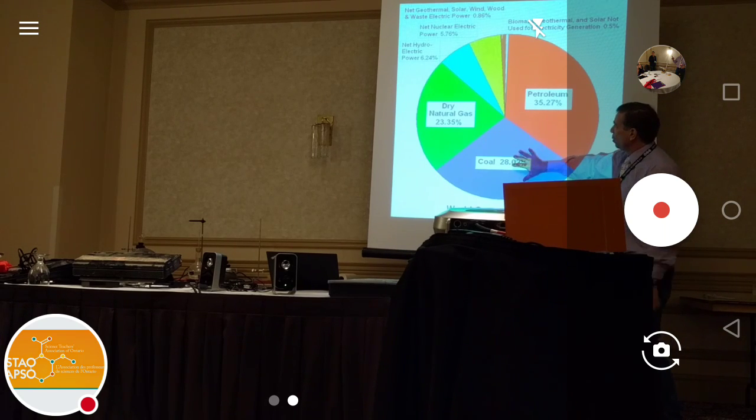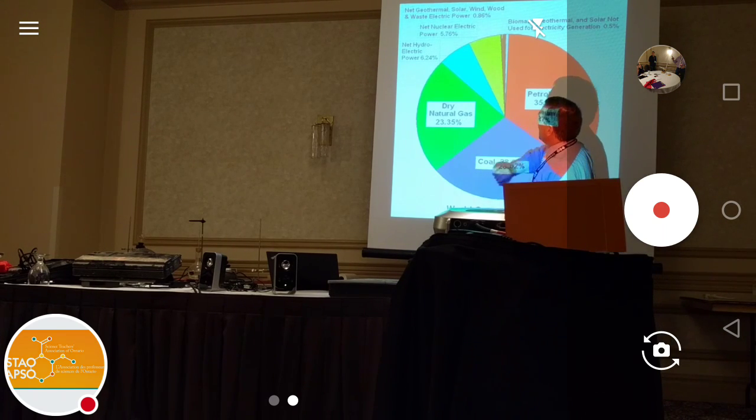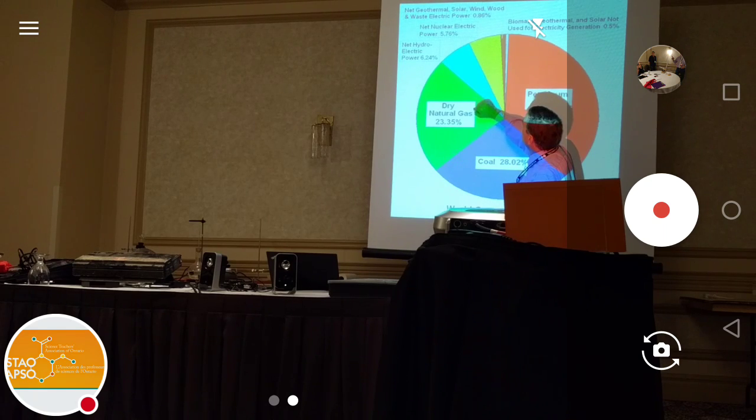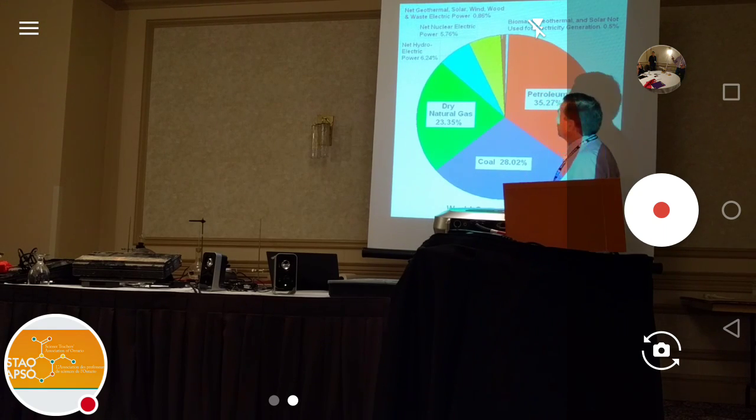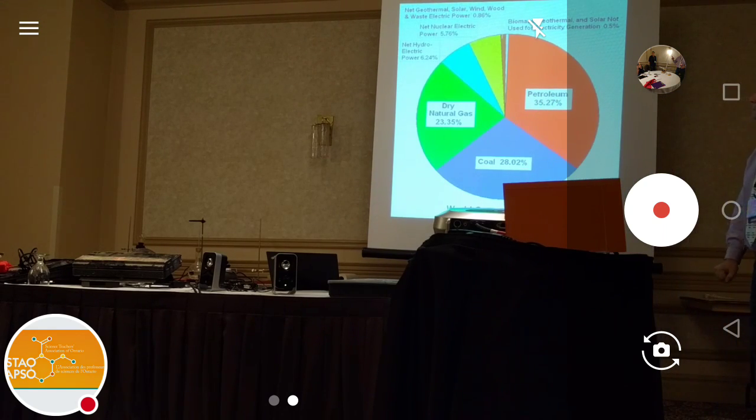Here is petroleum. We've got coal, natural gas, hydro, and nuclear right there. So primarily, around the world, because it's more dry than it is wet, Canada's unique, we've got limited hydro, but this is the rest of it.